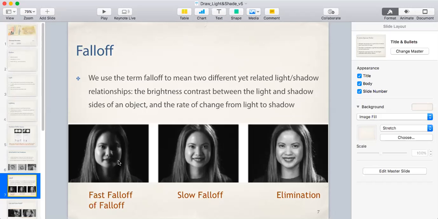We see that the rate of change is rapid from brightness to darkness, so it gives a very high contrast effect. For the second one, it is a slow fall off, so the rate of change is gradual. It gives a more natural effect.